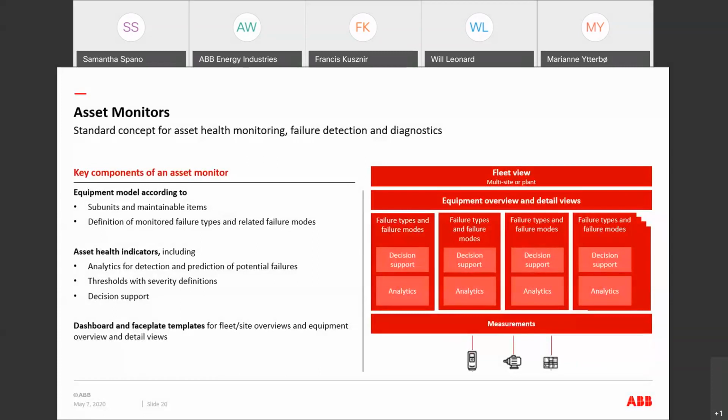And each failure type has analytics for detection of the failure, including thresholds and severity definitions, where severity is also based on the criticality of the equipment, and also decision support. So what is the probable cause of this failure condition? What would be a suggested action? And we visualize this in faceplates and dashboards for different levels and for different user types.